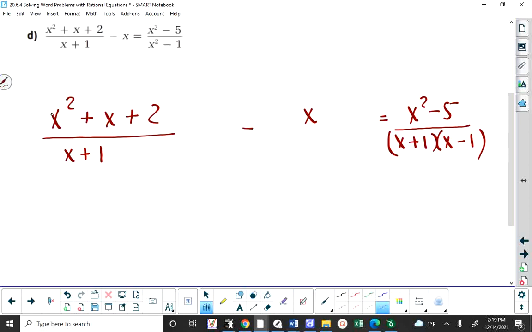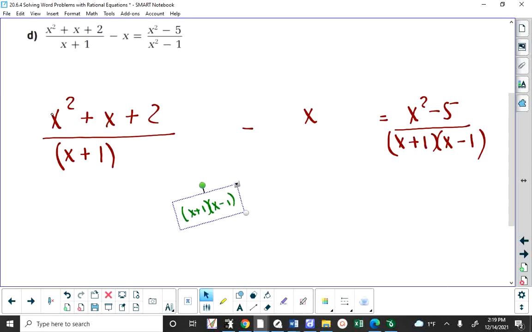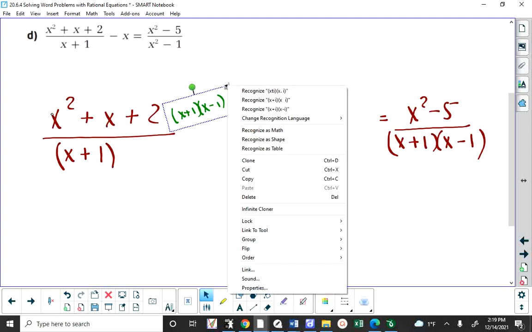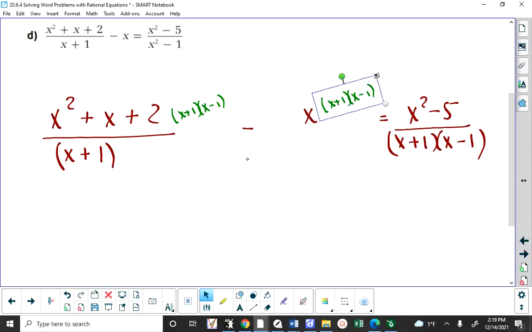I'm just curious, Kendra, was this your question as well? Okay. So the common denominator is x plus 1, x minus 1, which means we have to multiply every term in this equation by x plus 1, x minus 1. I didn't do a spectacular job of leaving myself enough room here, but I think you get the idea.